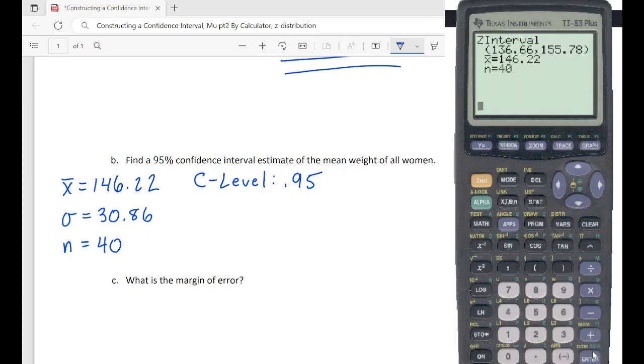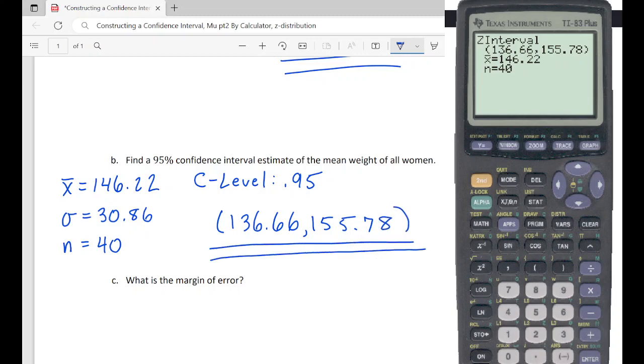We're going to hit Calculate, and it's going to give us an interval of 136.66 to 155.78. And I don't need to round it since 2 decimal places sounds pretty good. So 136.66 to 155.78. So we are 95% confident that the true mean weight of women is between these two values.